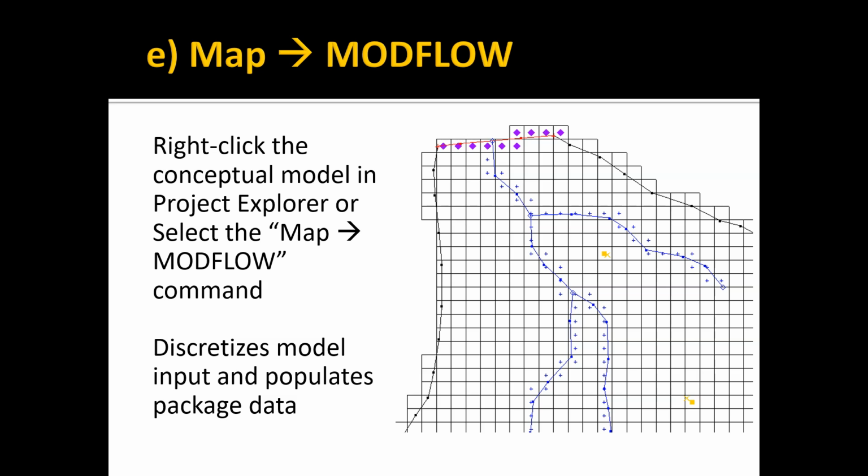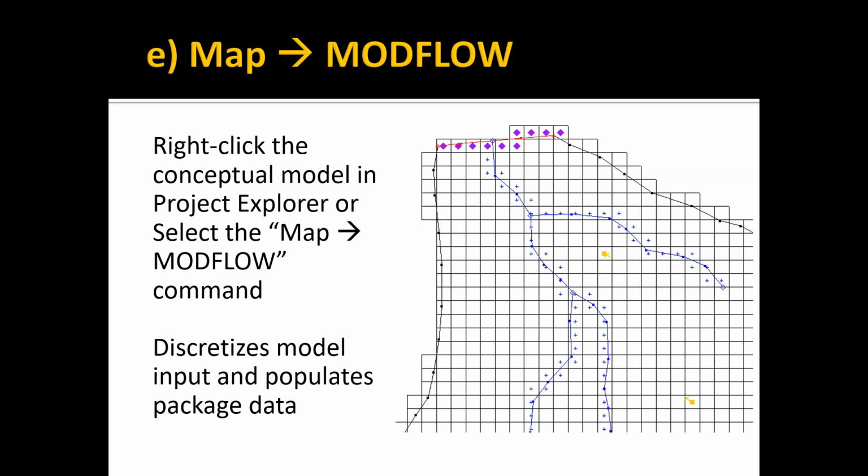It does the conductance conversion we just talked about. It linearly interpolates things like the stage of the river and bottom elevations, and again, the beauty of it is it just takes a second, and it builds it.